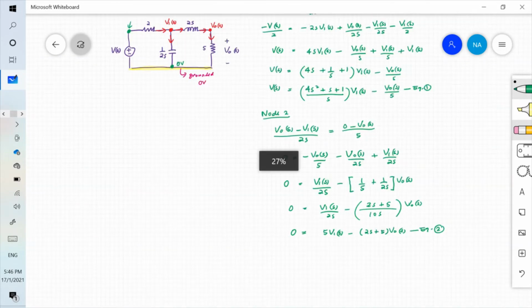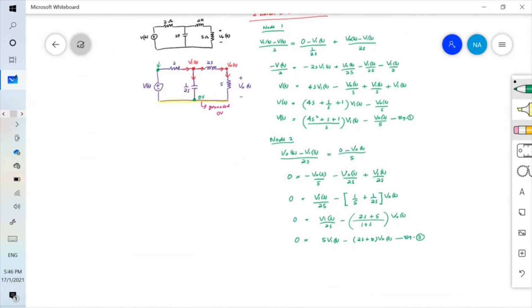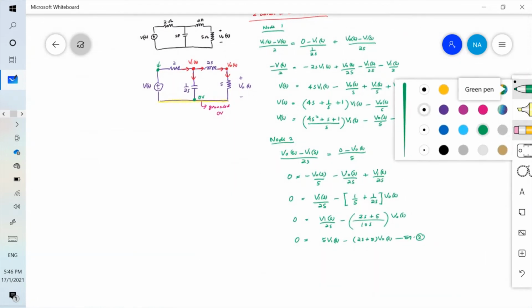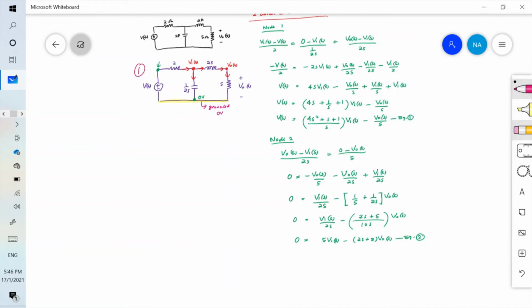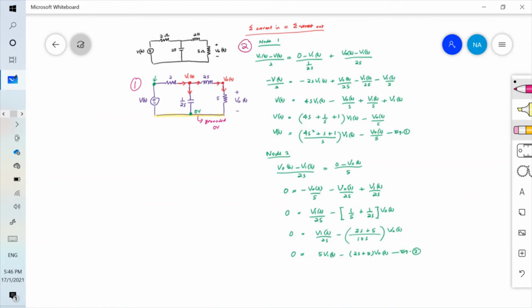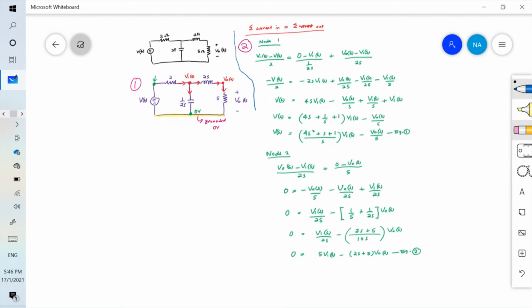So now you have two equations, equation 1 and equation 2. Okay, so this is your first step. Second step, we're now going to put them in a matrix form.